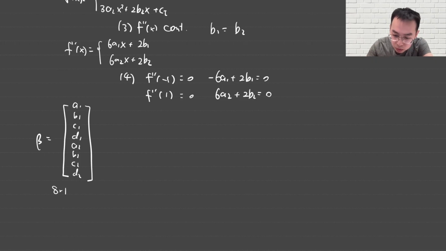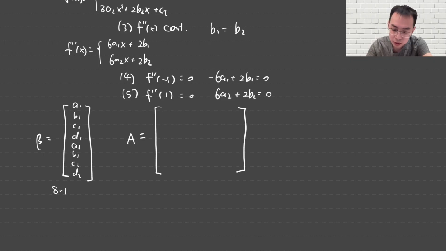We can also define the matrix A. Because we have in total 5 constraints, so 5 equations, A is going to be a 5 times 8 matrix, and in the end we'll have A times beta equals 0. That's our constraint. You can easily translate those equations into the A matrix.